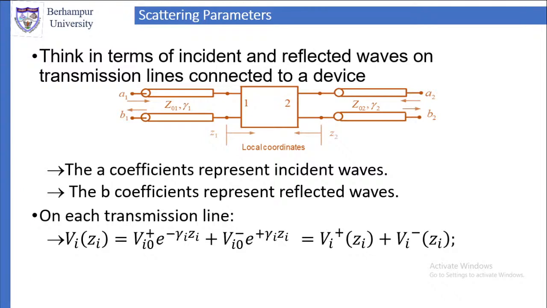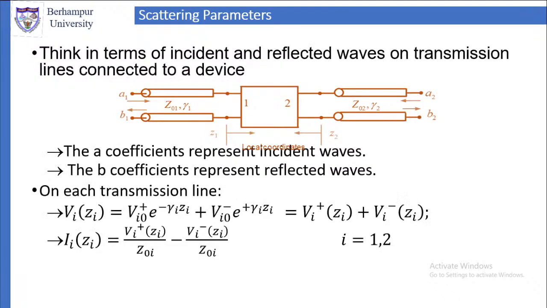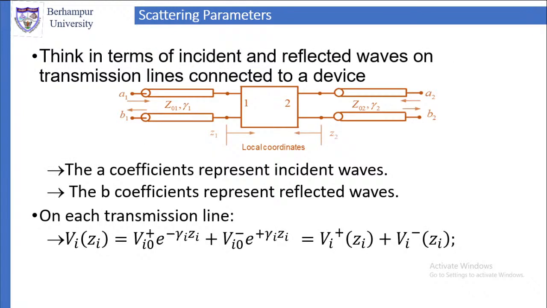So Vi, the voltage at zi, where zi is the position, is Vi at zi equals Vi0+ (the incoming voltage) times exponential of minus gamma i zi, plus Vi0- (the reflected voltage) times exponential of gamma i zi. So we can write that as Vi+ plus Vi-. On each transmission line, that is what we can write.